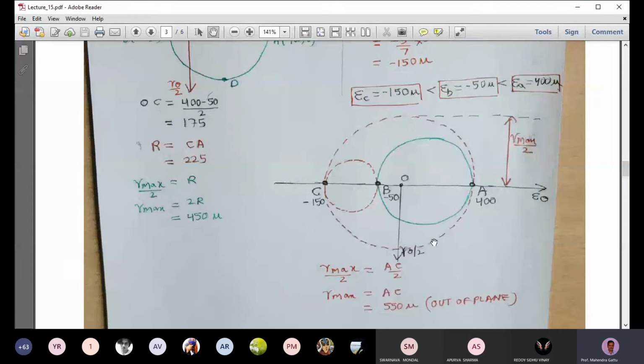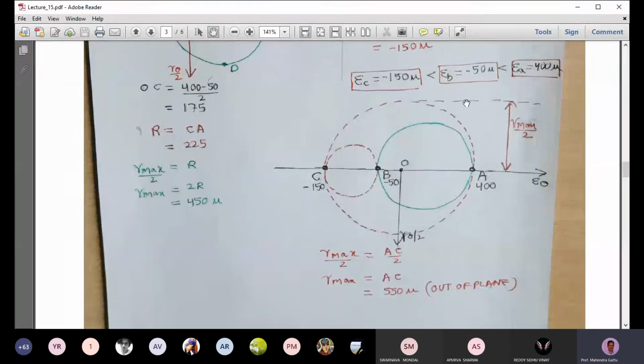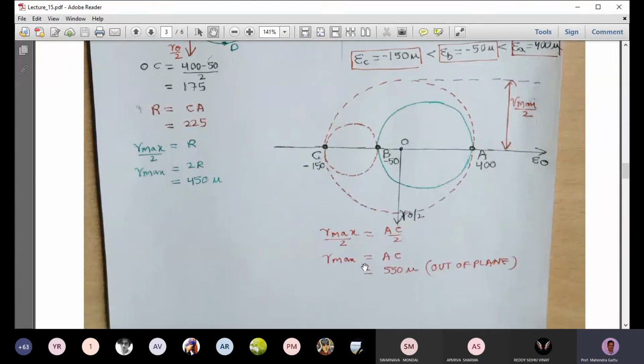The maximum shear strain here occurs in the out-of-plane direction, and its value equals the diameter AC, which is 400 plus 150, so 550 into 10 power minus 6. That is the total maximum shear strain, and it is greater than the in-plane shear strain.